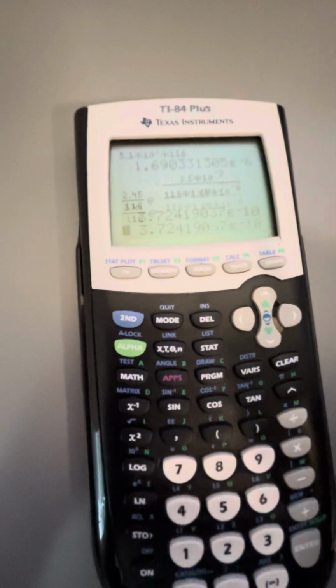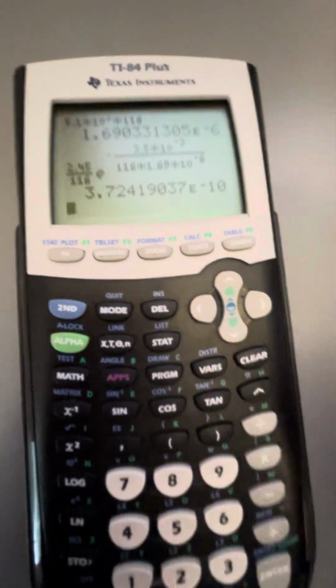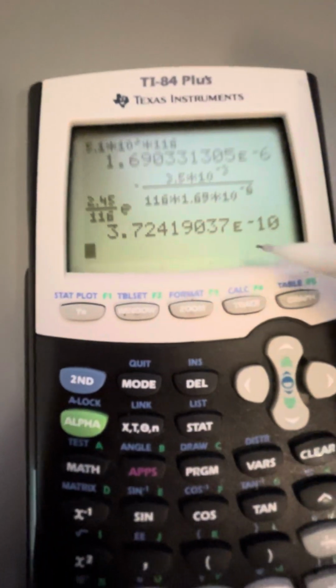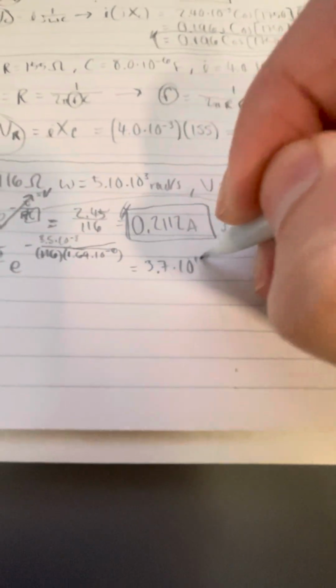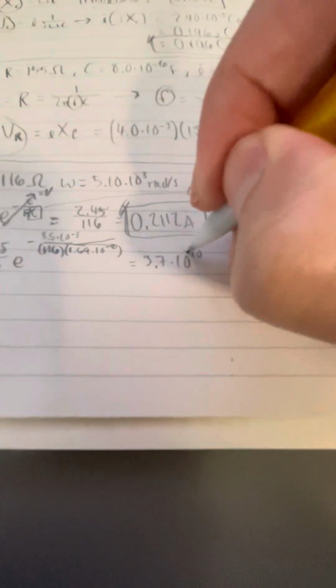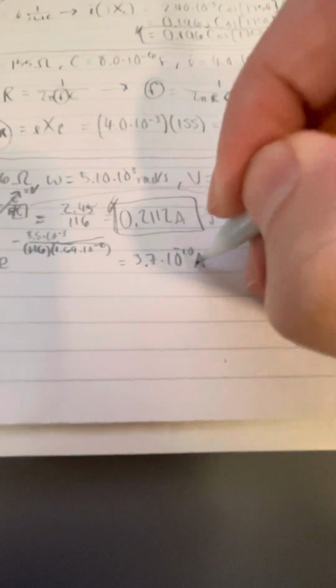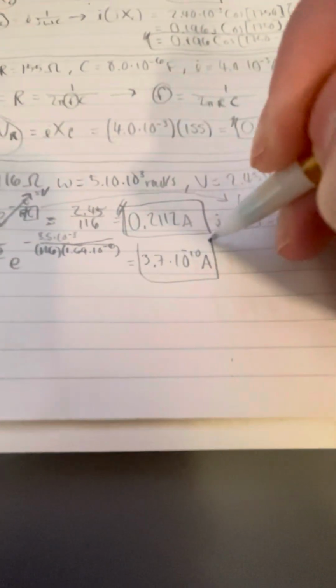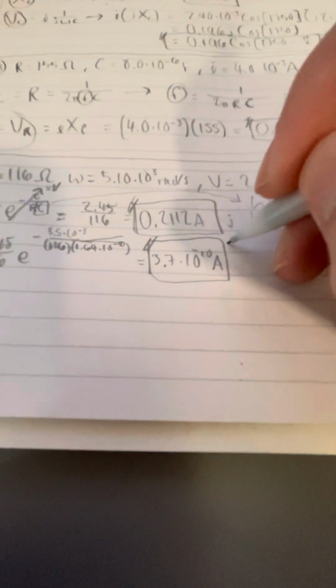And that should give us the answer here. So, yep, we were given 3.7 times 10 to the negative 10th amps. And that is our answer for, which part again? K.